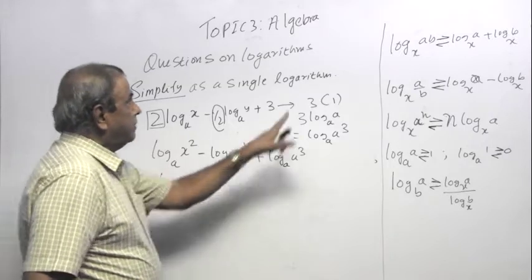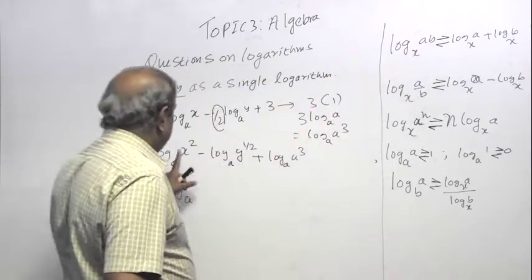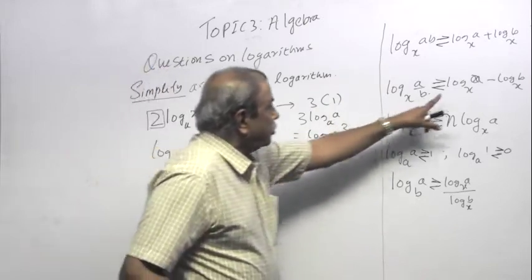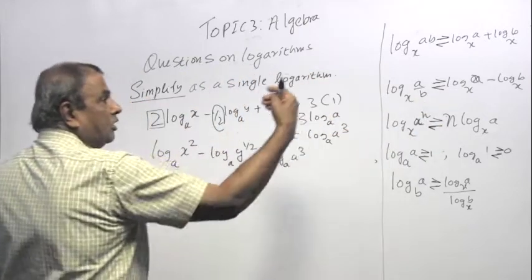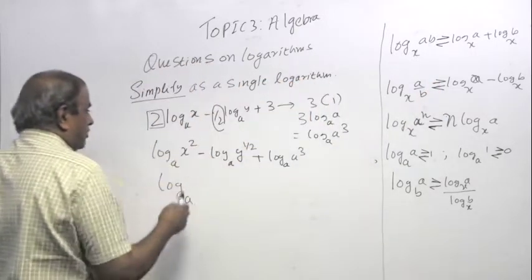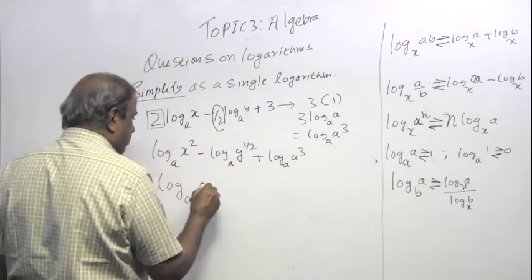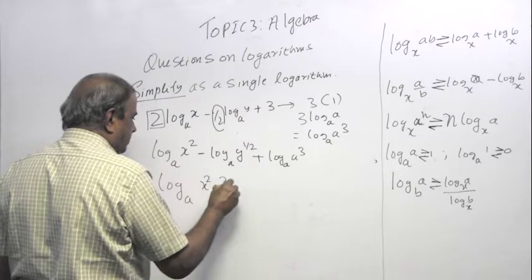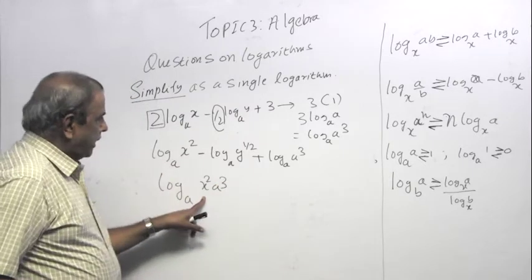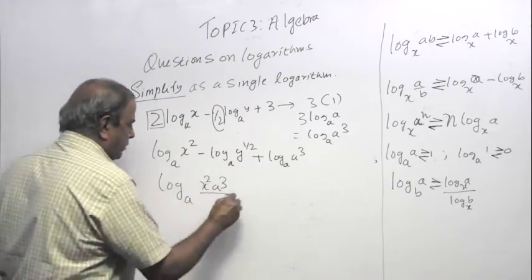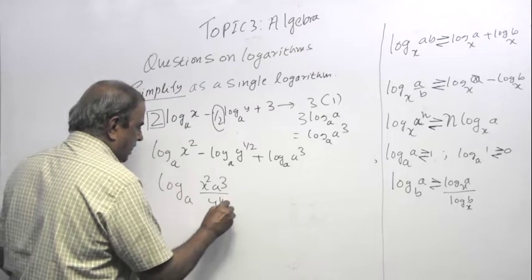Whenever you add, you multiply. Whenever you subtract, you divide. I am now coming from right to left. So log x squared plus log a cube is log of x squared a cube. Log of x squared a cube minus log y power half will be x squared a cube over y power half.